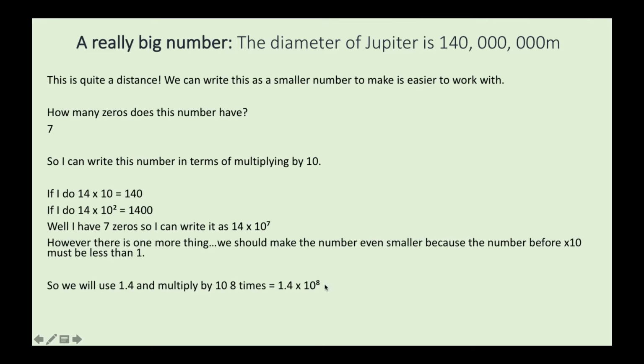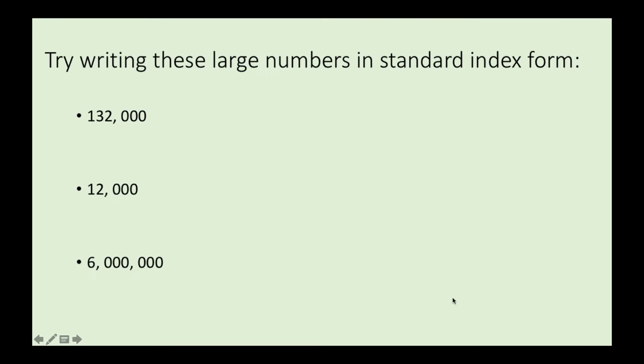So this number is how many times I've gone in this direction over each number. This is how examiners like to see it, and it is also the correct answer.